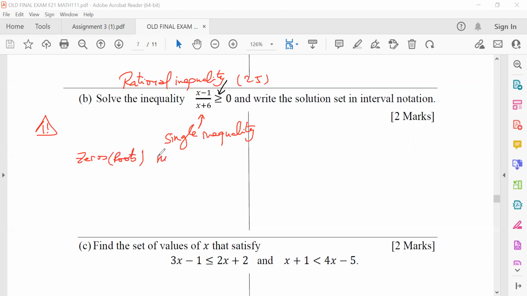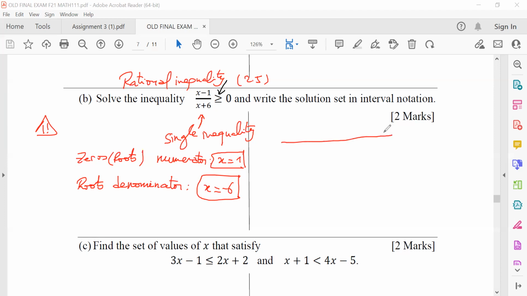of the numerator. The numerator equals 0 when x equals 1, and the root of the denominator equals 0 when x equals minus 6.